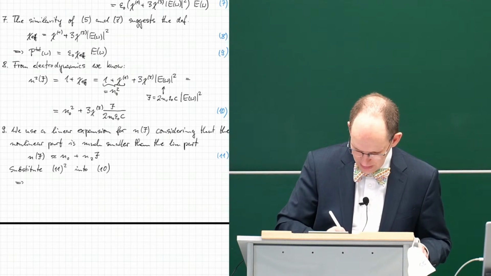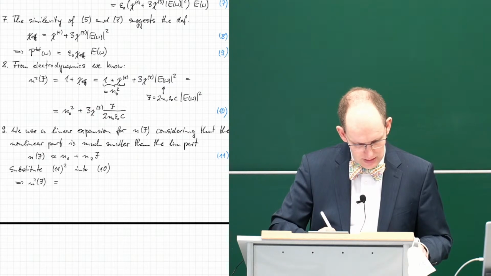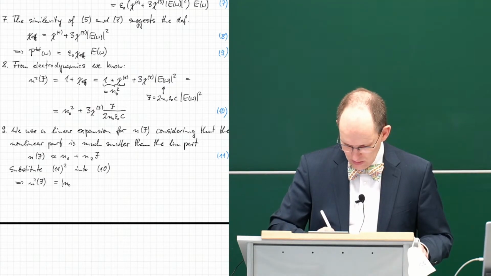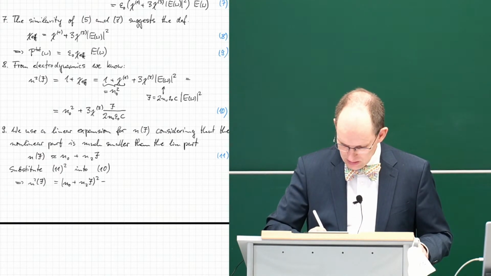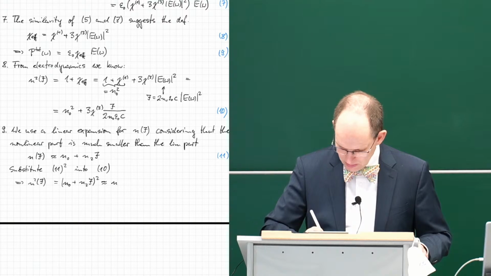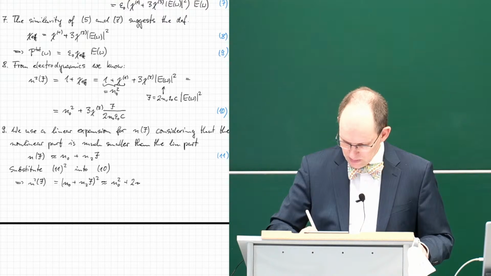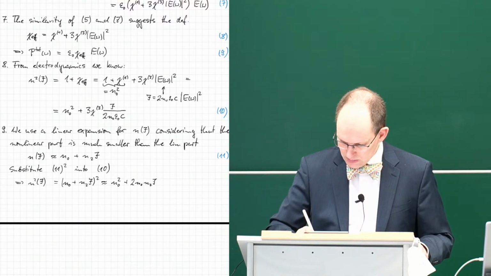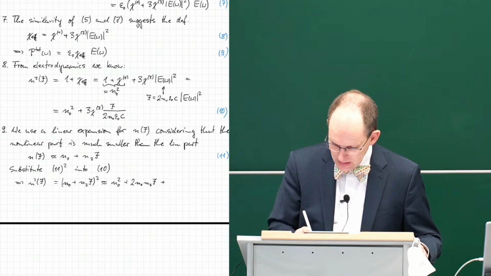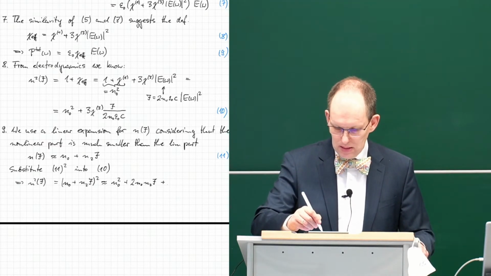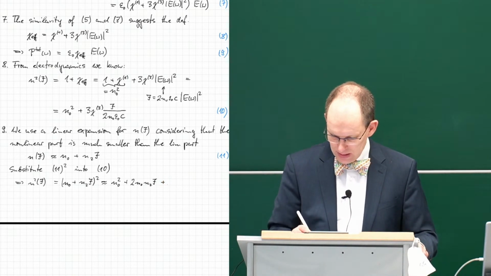And what we have then is that n squared of the intensity is equal to n0 plus n2 times the intensity, squared, and now we approximate this by n0 squared plus, of course, 2 times n0 times n2 times the intensity plus something that we neglect, namely the term that's dependent on the intensity squared.